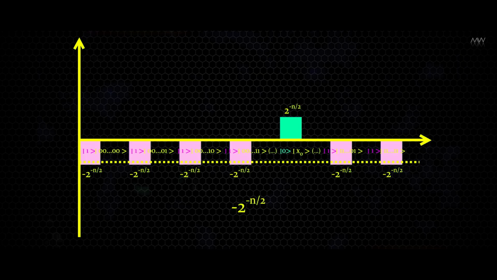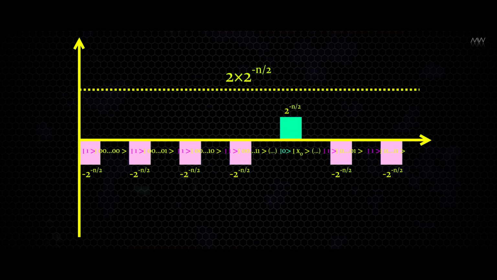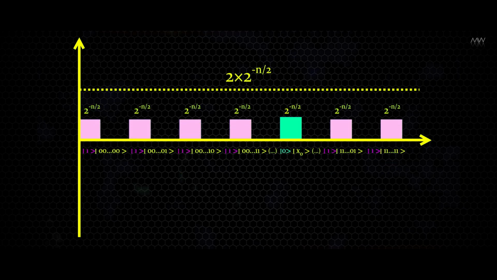That is, approximately the value of all the non-zero members of our superposition. Then we multiply this average by -2, that is, make it equal to something very little different from 2 times 2 to the power of minus n over 2, and then add this number to the amplitudes of all components of our superposition. For all components except 0, we get something like 2 to the power of minus n over 2.